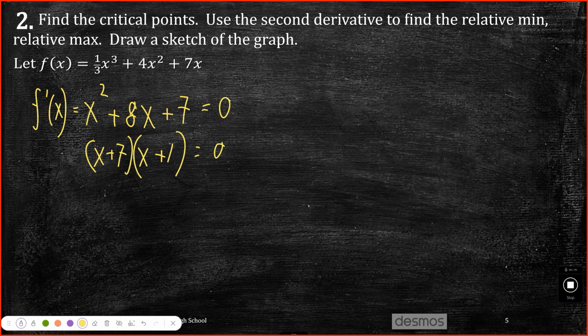Meaning that the candidates would be x equal -7 first, and -1. So x equal -7 and x equal -1. Take the second derivative, f double prime of x, and this is going to be 2x plus 8.